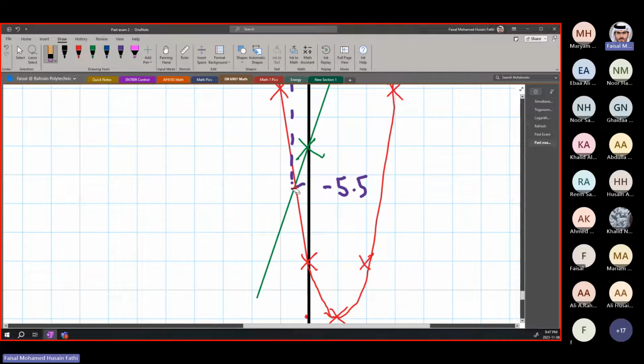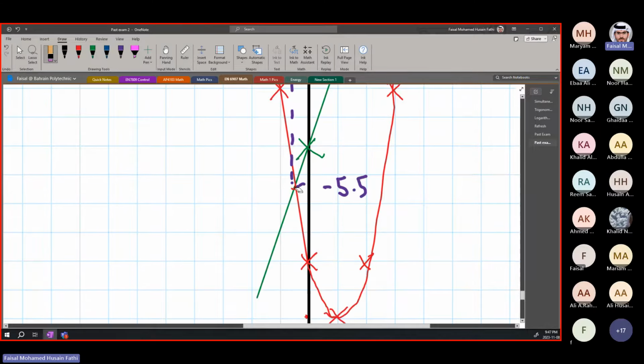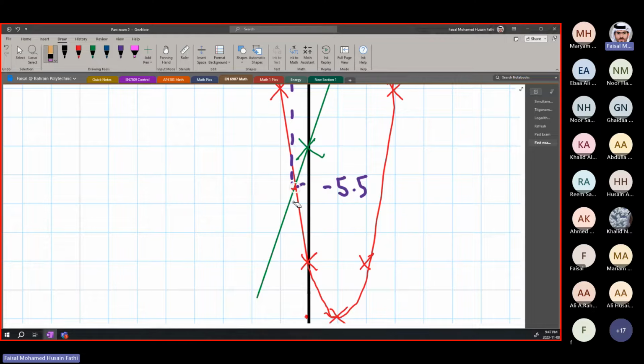I don't think they will deduct marks if you see this as 5.4, for example. Why? Because this is -1, -2, -3, -4, -5, and this point is between -5 and -6, and it's almost in the middle at the point of intersection. I assumed it's only halfway the distance between 5 and 6, which is -5.5.